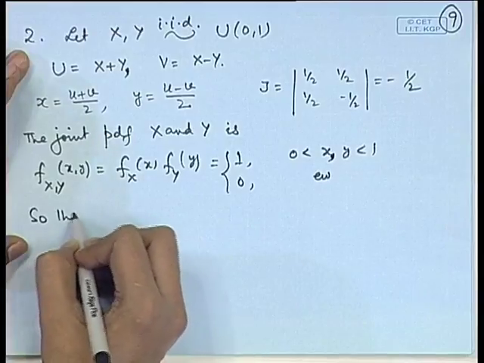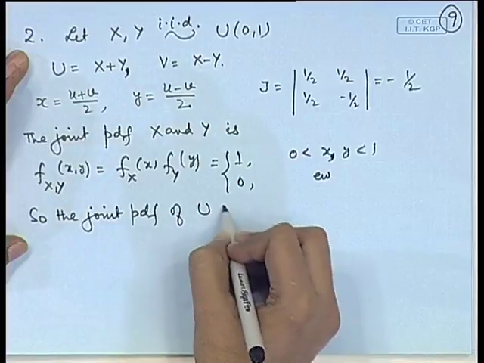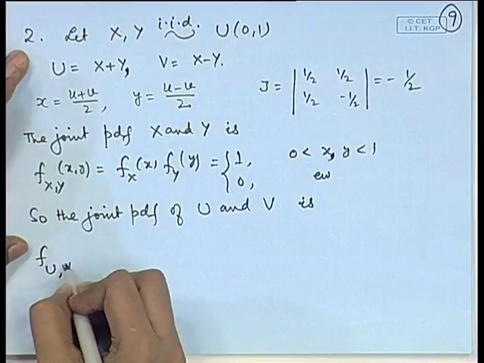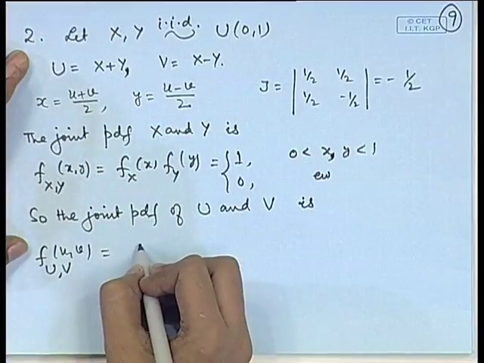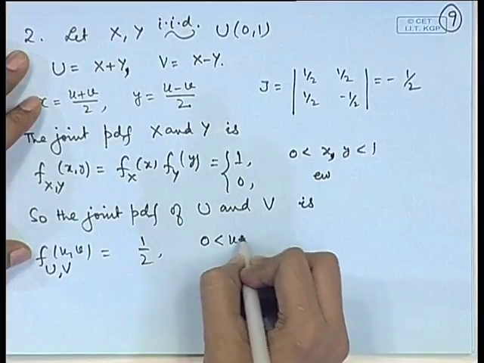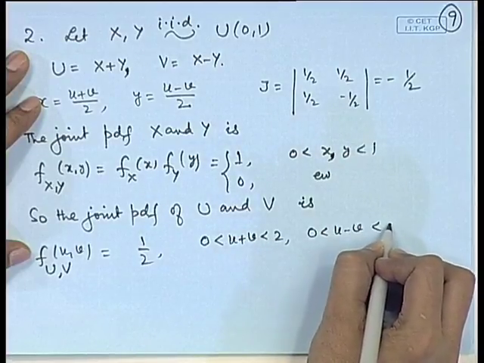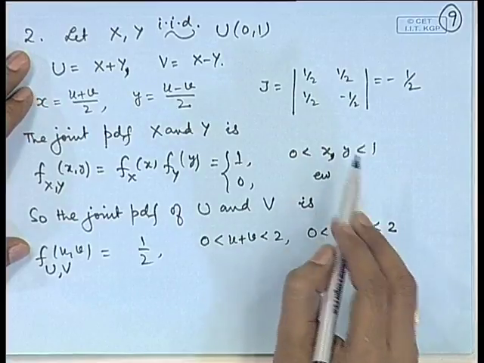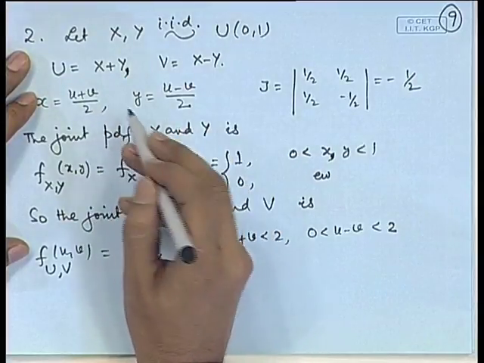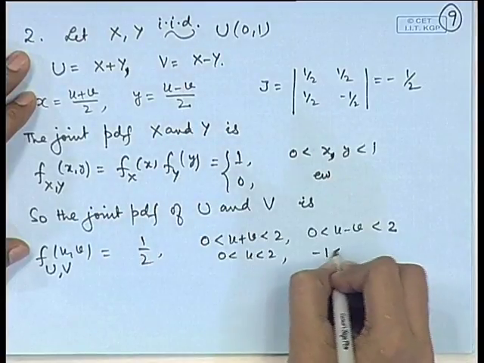So, the joint PDF of u and v is, it will become half for 0 less than u plus v less than 2, 0 less than u minus v less than 2. Now, the ranges of u and v, we can notice further here that since x and y are between 0 to 1, u will be between 0 and 2 and v will be between minus 1 and 1.